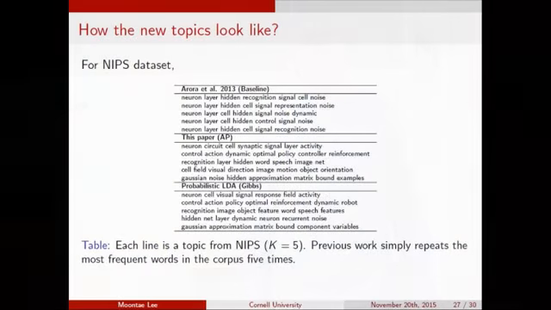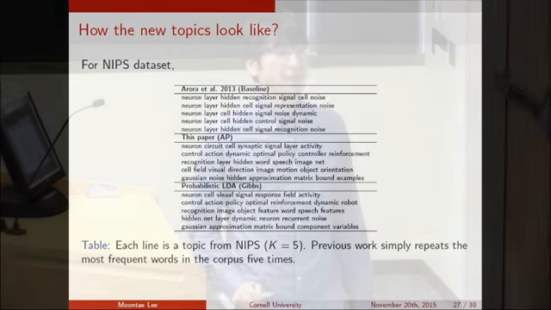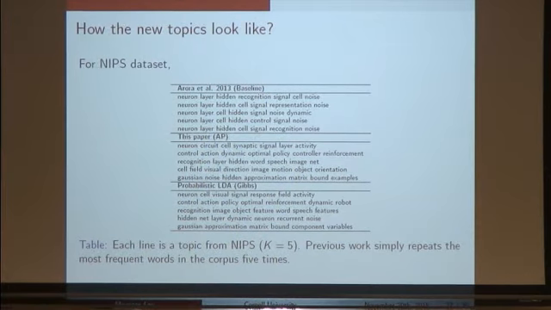So this is a typical topic result. The data set is NIPS, and again, I have 5 different topics. With the original algorithm, Arora et al., if I run the code based on their algorithm, this is the result topic.